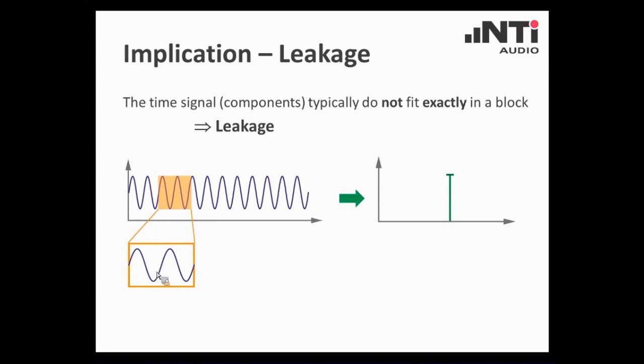Let's continue with this ideal case. Our cutout capture window hosts exactly this sine wave, and it just fits exactly into that window, which means the terminating level is the same as the initiating level. The FFT calculation procedure always appends the captured signal, the sampled signal, and assumes that it is continued into eternity or forever.